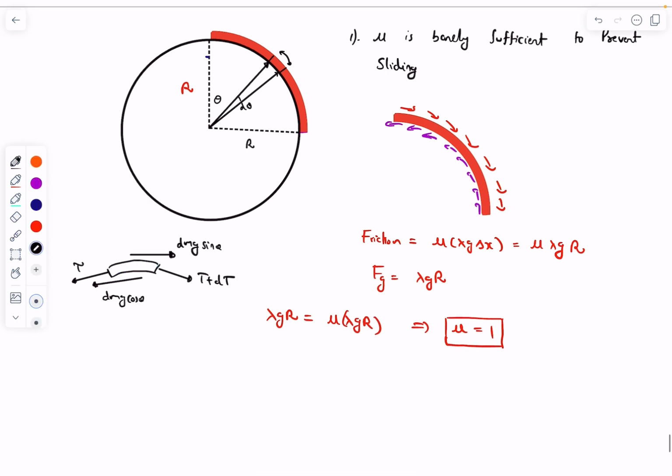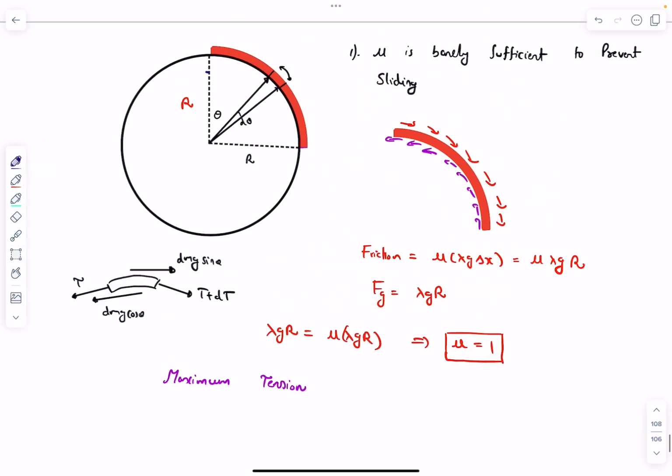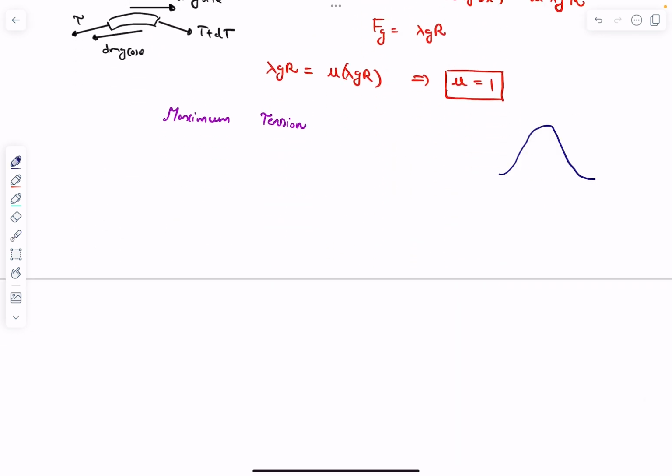Okay. Now in the question, if you observe, what they asked was the maximum tension. Now tension is obviously a continuous function from 0 to 90 degrees, right? So if it has a maxima, what that means is dT by dθ is 0, or basically around the maxima, the tension does not change much, or basically dT is equal to 0.